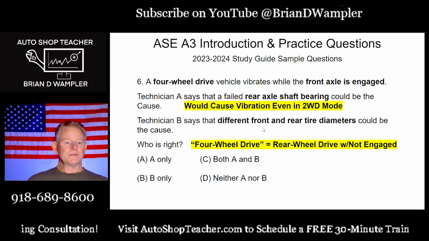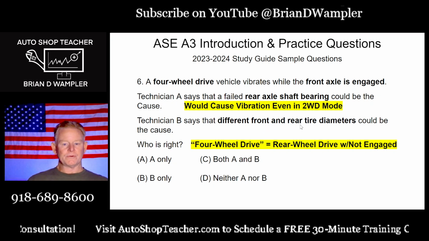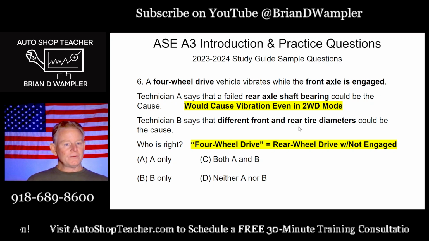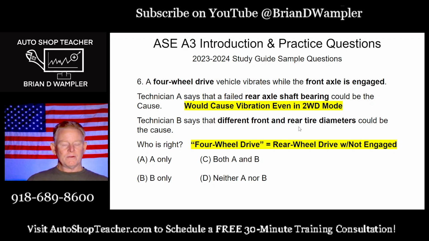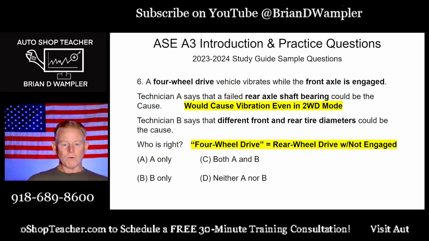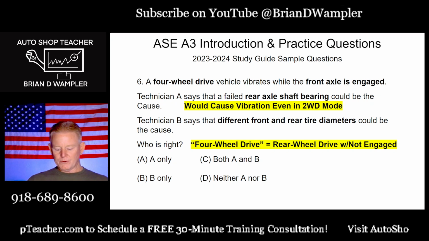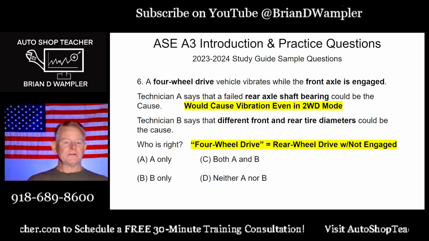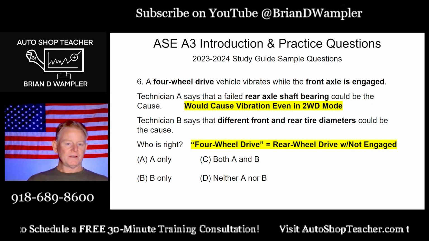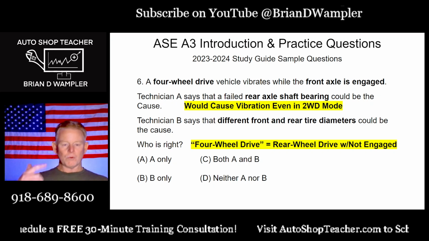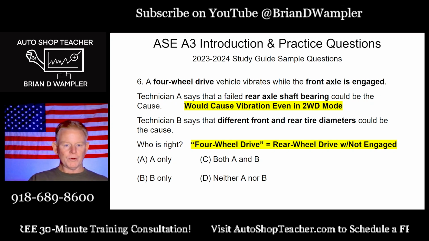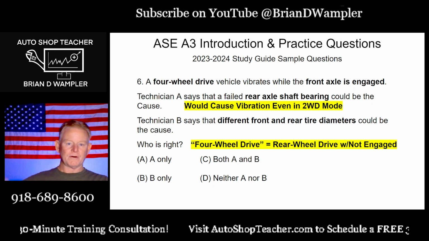Technician B, though, says different front and rear tire diameters. Well, when in two-wheel drive mode, they're not connected, right? They're all on the ground, they're all rolling, but the diameter is going to affect how fast the wheel is spinning. A larger tire on the same size wheel is going to go around fewer revolutions than a smaller tire, right? Picture a little wheelbarrow tire versus a tire off of Bigfoot.